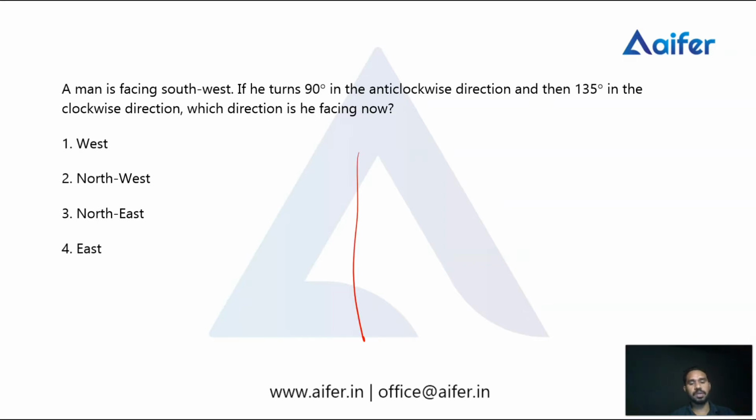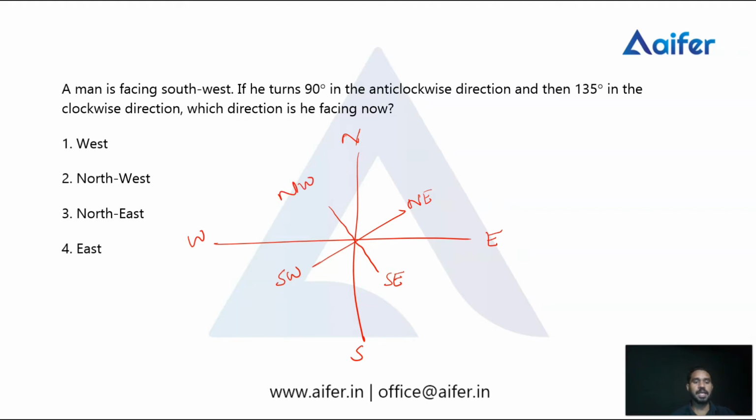So we need to draw all the directions, that is north, east, west and south, and these are the subdirections: here northeast, here southeast, here southwest, and here northwest. Initially the man is standing in the middle position and facing southwest.